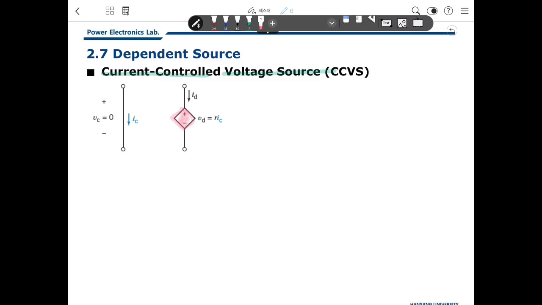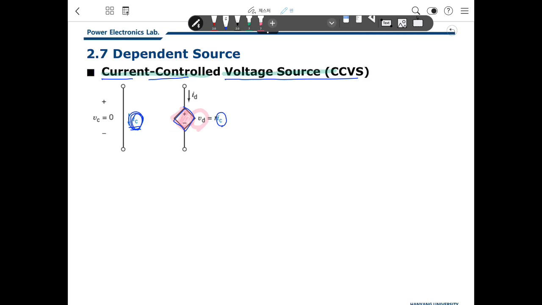This source generates the voltage value VD, but that value is determined by the current flowing in another element in the circuit, like IC. I don't know what the value of that is, but the value will define the other component. Anyway, the voltage generated by this source is determined by the current. So, current controlled voltage source.